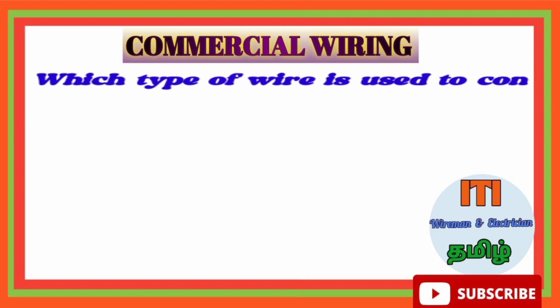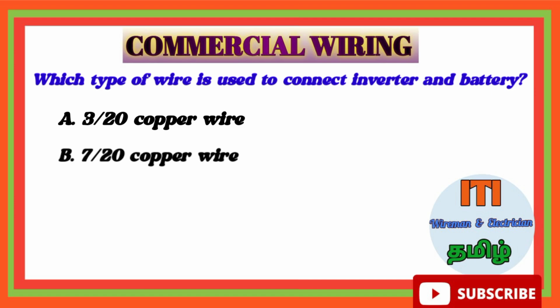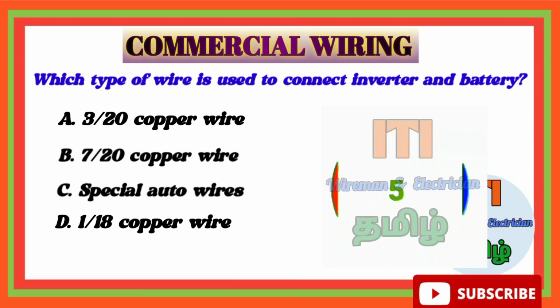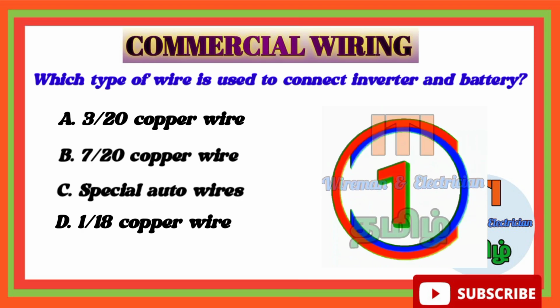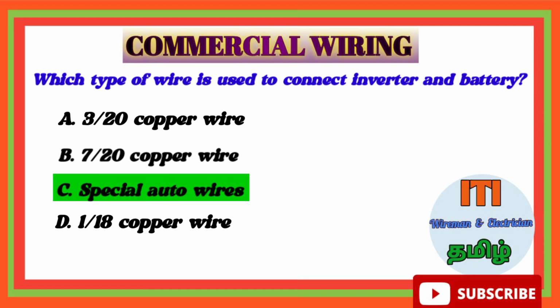Which type of wire is used to connect inverter and battery? Option A, 320 copper wire. Option B, 720 copper wire. Option C, special auto wire. Option D, 118 copper wire. Answer: option C, special auto wire.